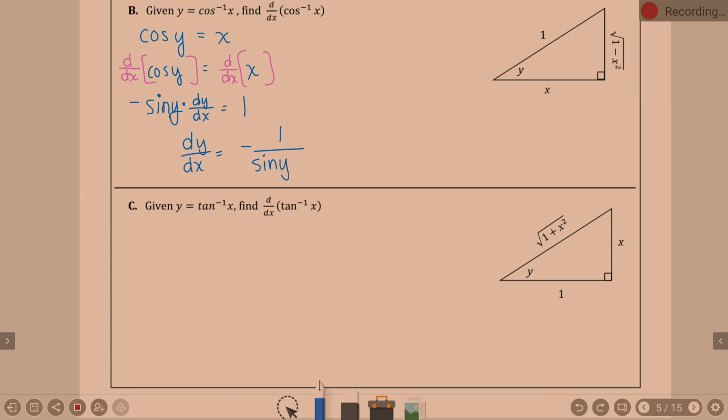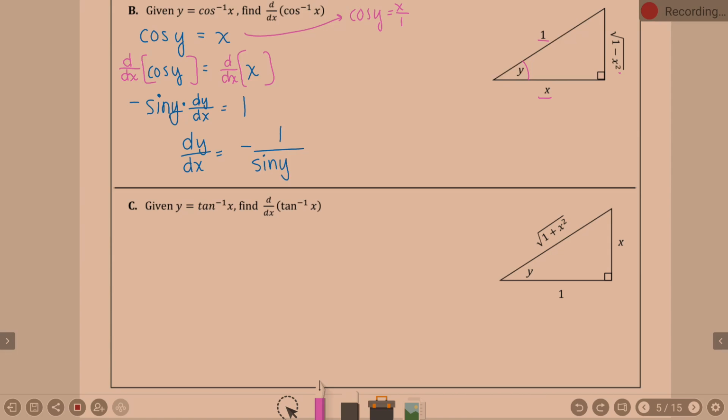Okay. So, my original statement was cosine of y is equal to x, which is x over 1. Notice what's set up. Here's angle y. Cosine is adjacent over hypotenuse. How are they going to get this third side here? That's your Pythagorean theorem, right?